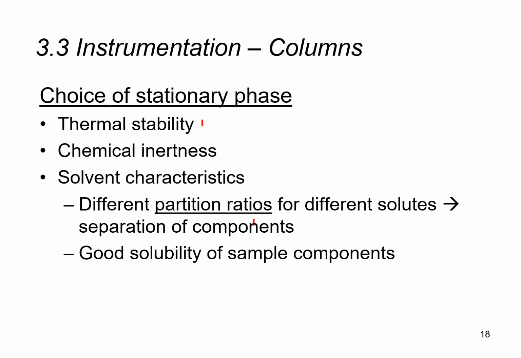So therefore, these columns must definitely be able to withstand these high temperatures. So you cannot have a column that breaks down or becomes reactive at these temperatures. So thermally, it must be stable.